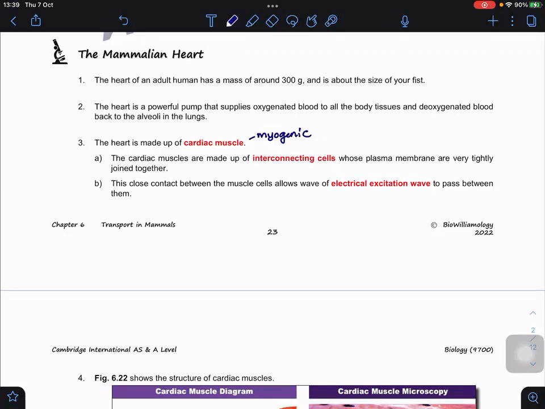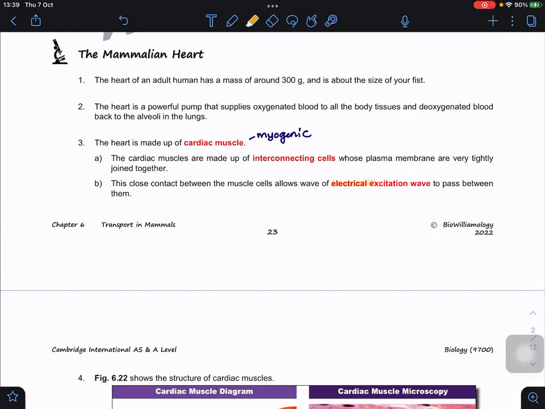Myogenic means that they can contract without nervous impulses, or action potential, from our central nervous system. The cardiac muscle has interconnecting cells. Their plasma membranes are very tightly joined together, compared to other kinds of cells, because this close contact allows the wave of electrical excitation to pass between the cells.